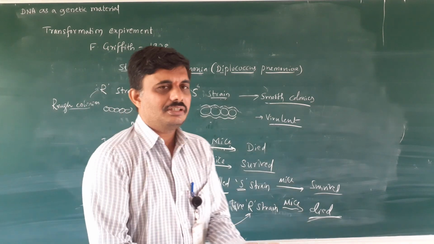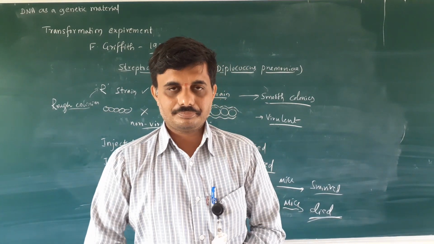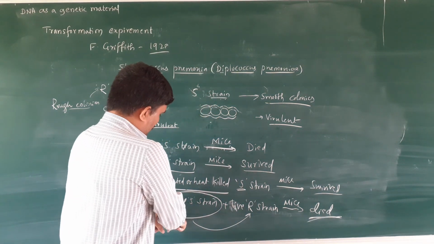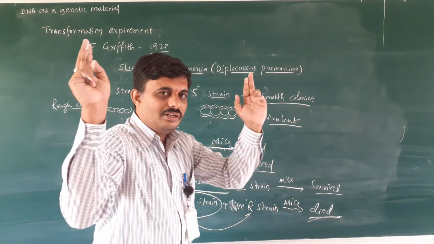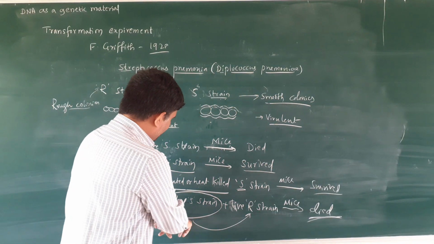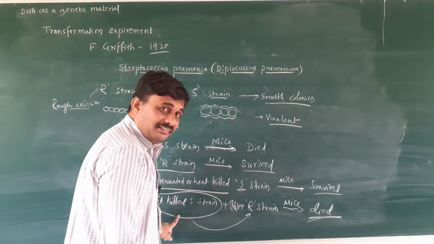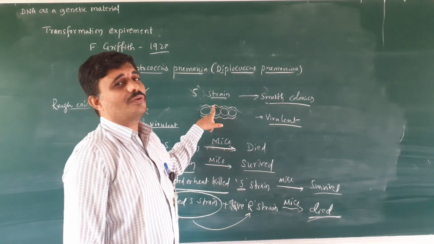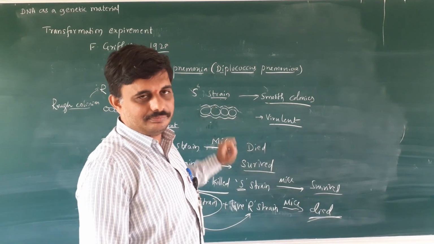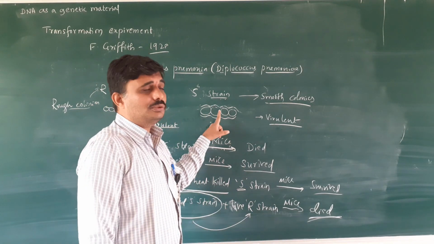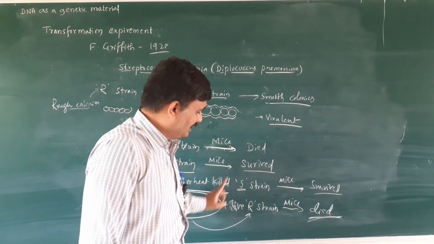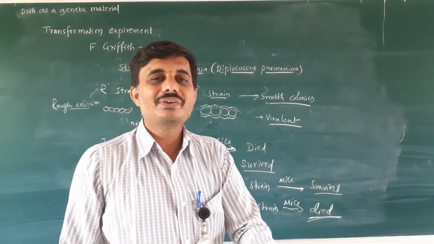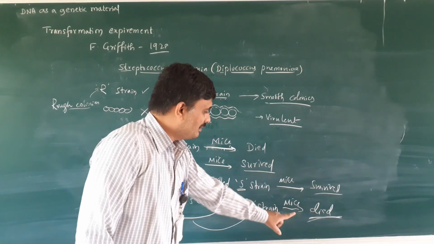How was the live S strain found in the blood of the mice? He concluded that some material from the heat-killed S strain is transferred to the R strain. That material is responsible for the mucopolysaccharide synthesis, converting the R strain into the virulent strain, that is, the S strain. Thus the mice died.